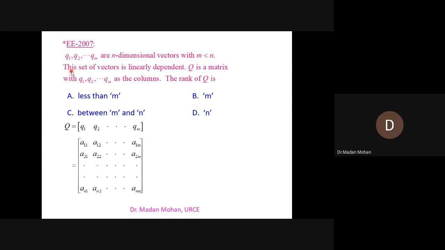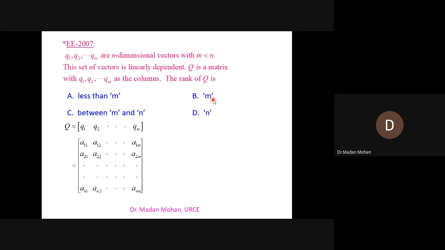What you are given? This set of vectors is linearly dependent. If rank is m, you should have m linearly independent vectors, please. Rank cannot be n. Clearly, the maximum possible rank is m. Suppose rank is m, your answer is m.